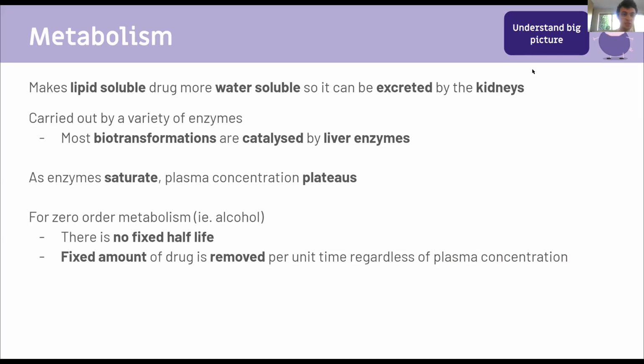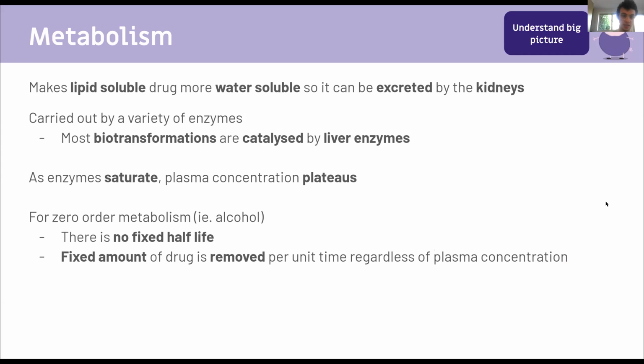Metabolism just makes a lipid soluble drug more water soluble, so it can be excreted by the kidneys. Otherwise, it's going to be in your body forever, and your kidneys need to excrete something that's water soluble. It's carried out by a variety of enzymes, CYP enzymes mainly, and most biotransformations are catalyzed by liver enzymes.